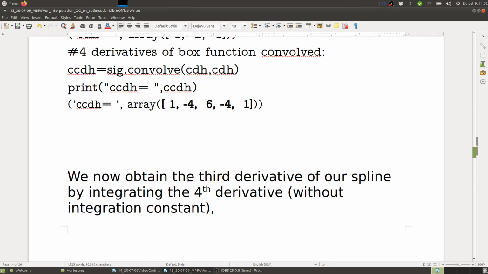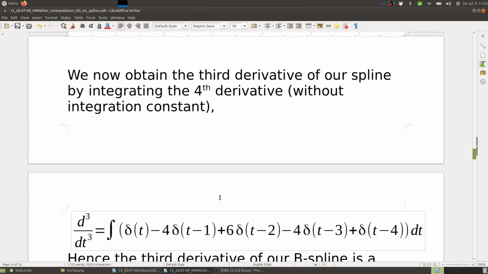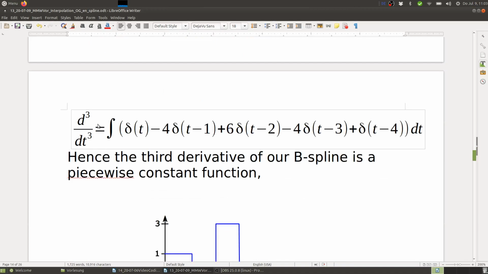Yeah, so we now obtain the third derivative of our spline from this fourth derivative by integrating it first without an integration constant, because the fourth derivative does not need to be continuous. So here we see it, we integrate the fourth derivative to obtain the third derivative, and we get piecewise constant functions, because if the integral hits the first Dirac, it becomes area 1.